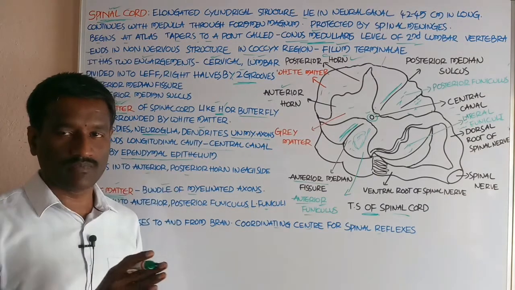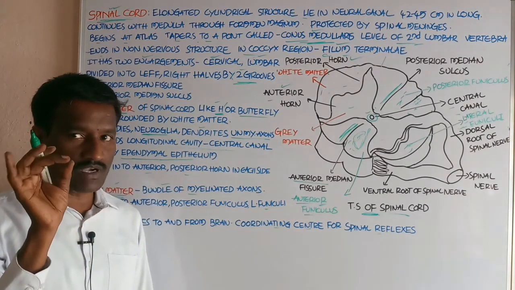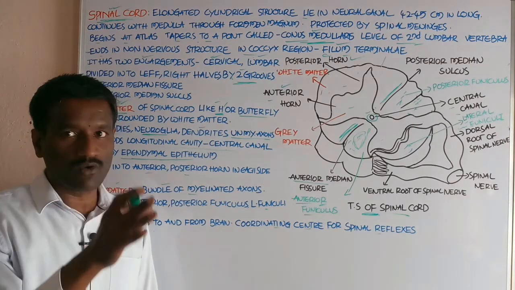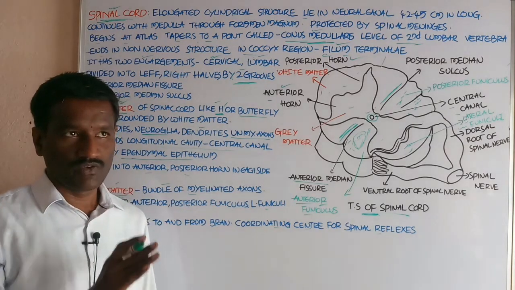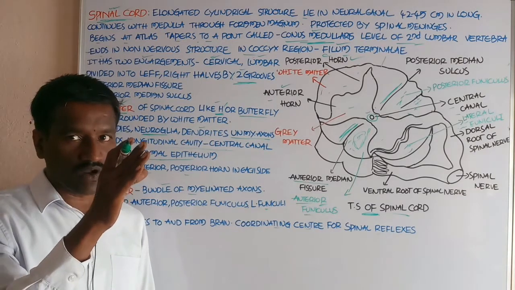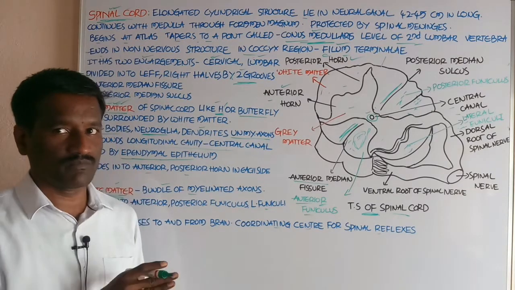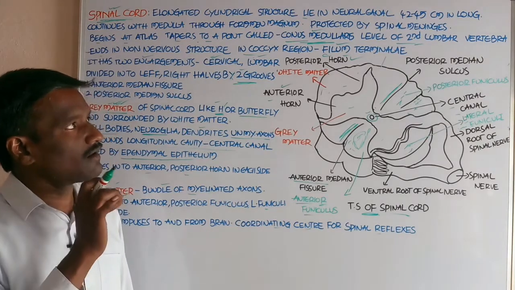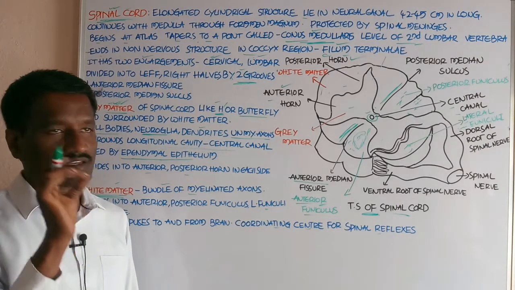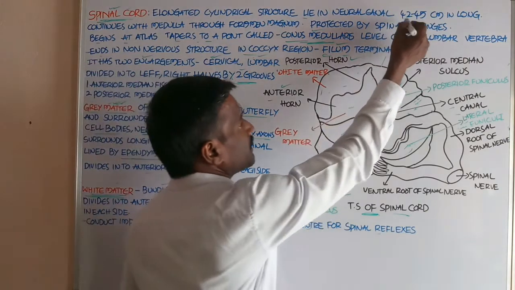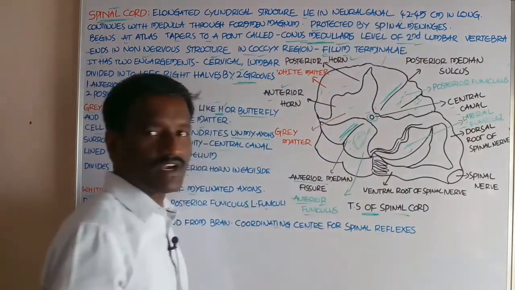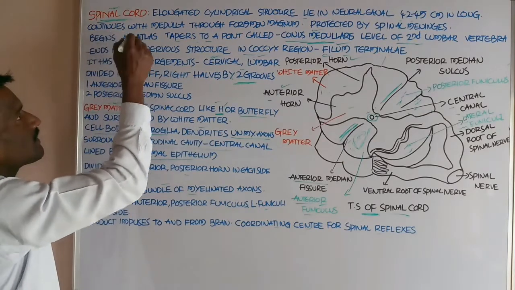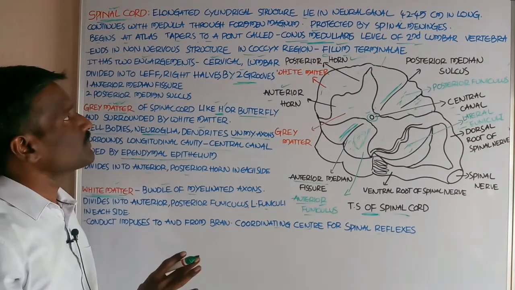The vertebrae of the vertebral column have a central hollow portion which allows the location of the spinal cord in it, and the spinal cord is approximately 42 to 45 centimeters long. Next, the spinal cord is continuous with the medulla.